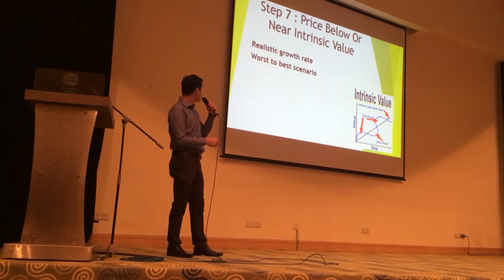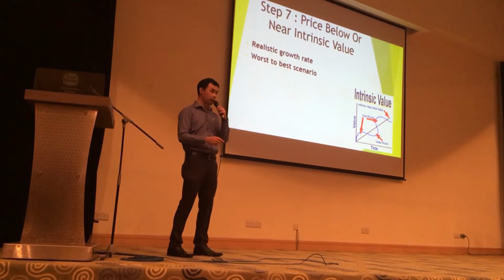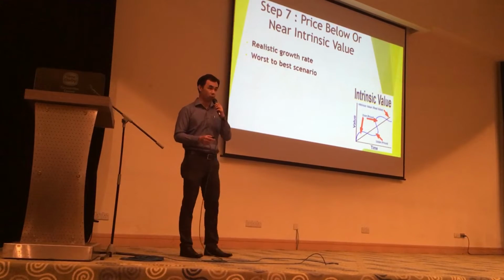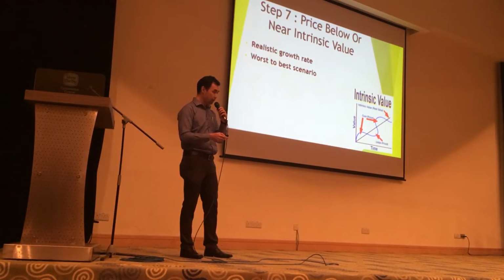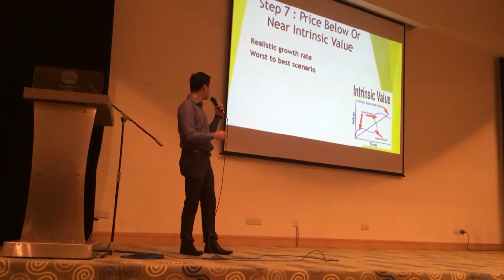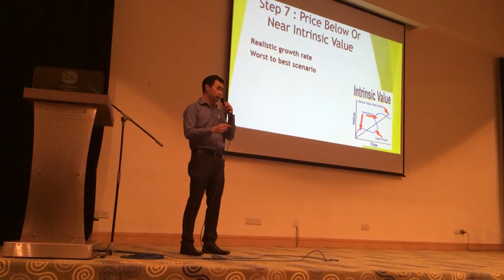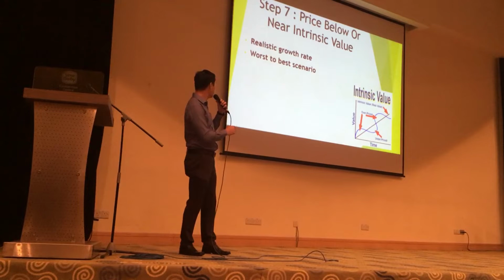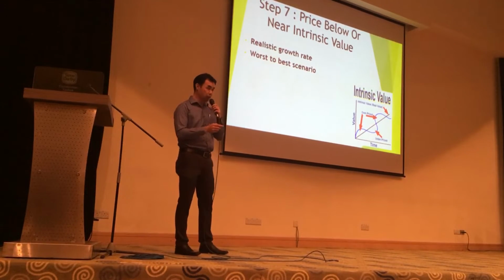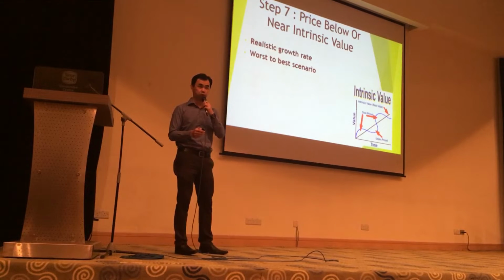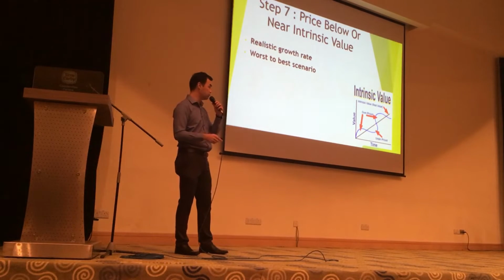Next, we have step 7, IV. Intrinsic value is always the most critical analysis of the stock here. That's why I'm not going to talk much about intrinsic value here. What I'm going to say is, the intrinsic value depends on the growth rate that you input into your Excel sheet, right?